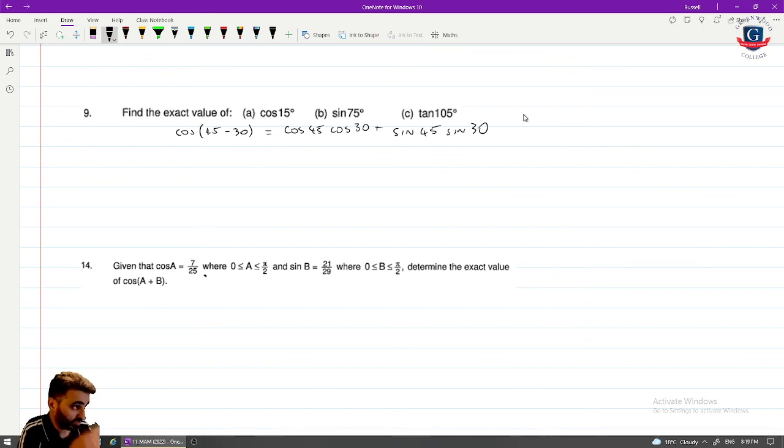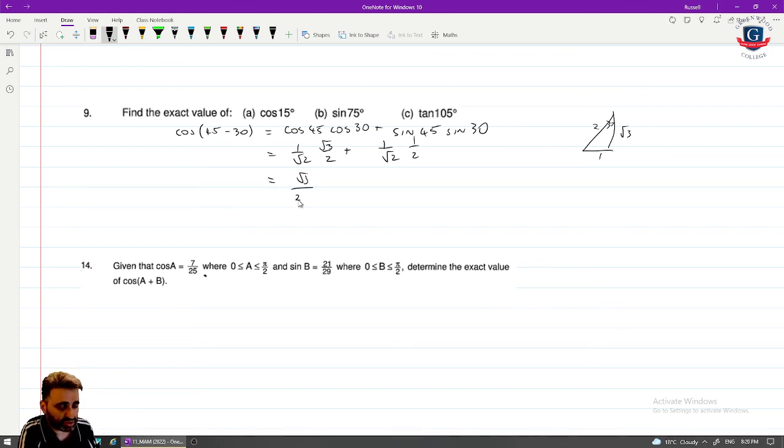Oh, I probably know them. Let's check. Cos 45 is 1 on root 2. Cos 30, adjacent over hypotenuse, root 3 on 2. Sine 45 is 1 on root 2. Sine 30 is a half.